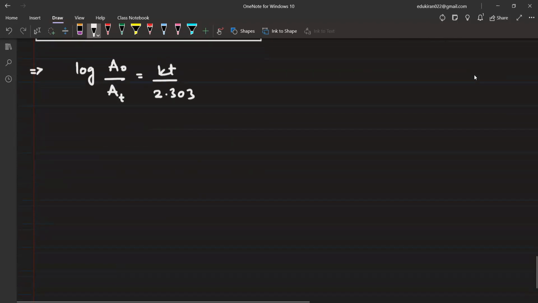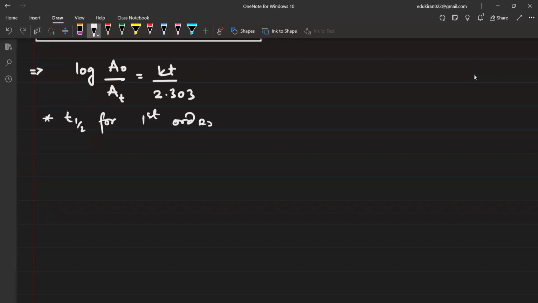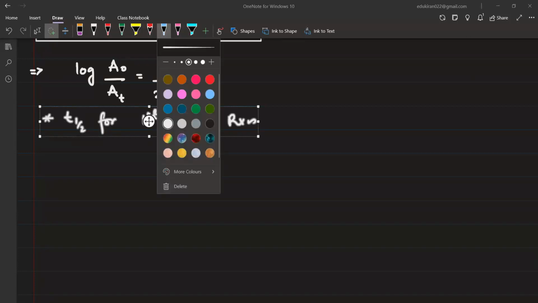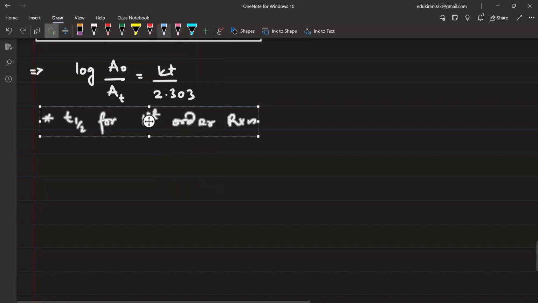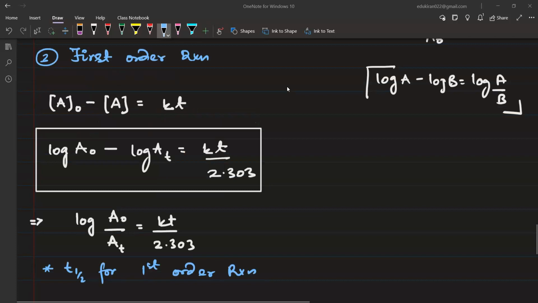Now, next, T half for first order reaction. Write it down if you have not written quickly.